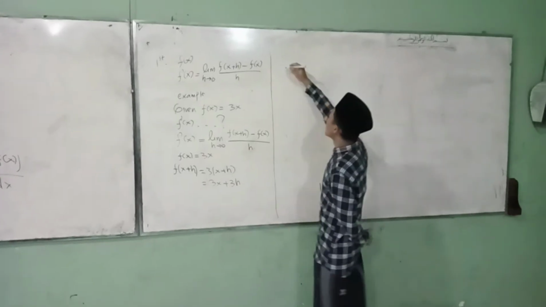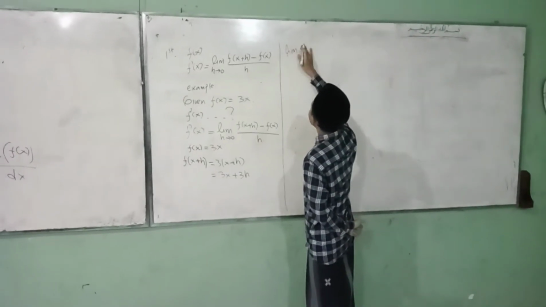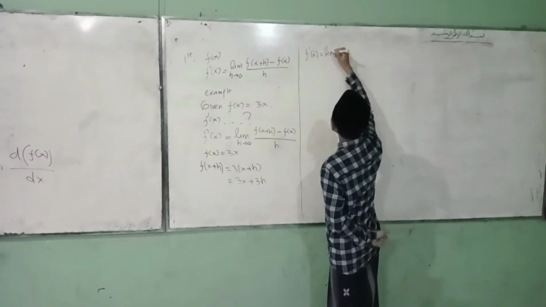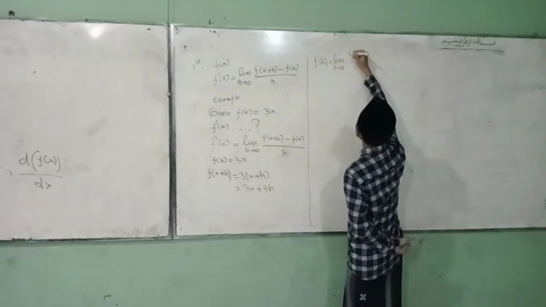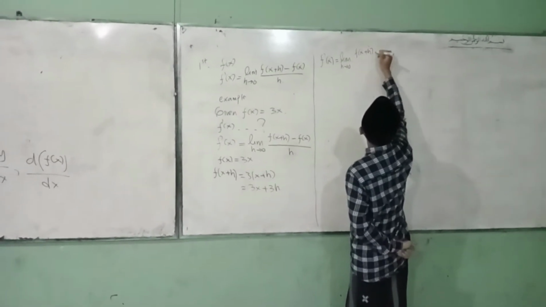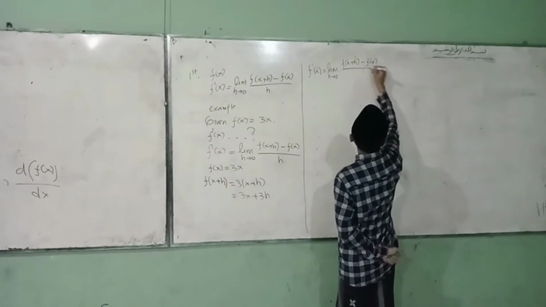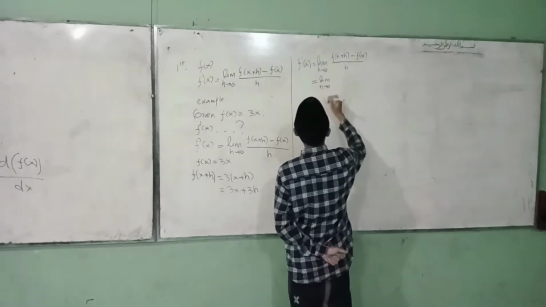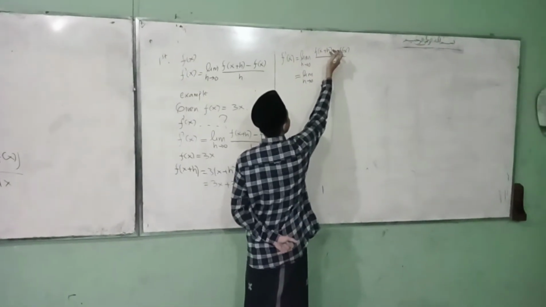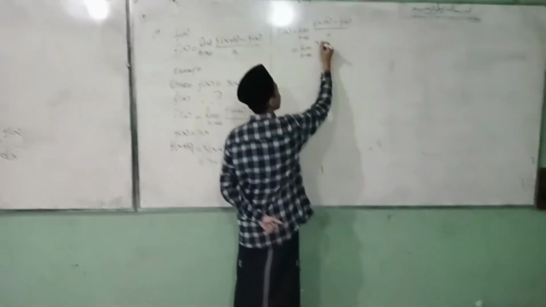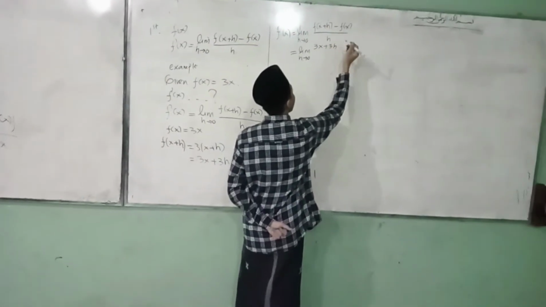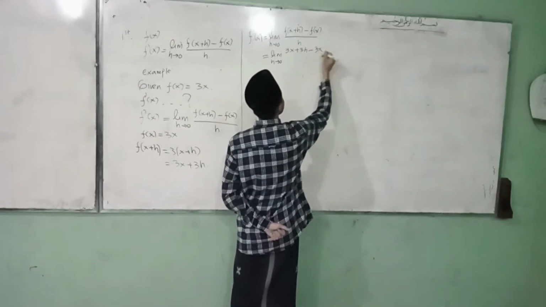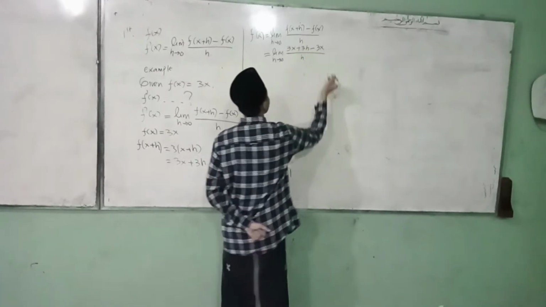So f prime of x is equal to the limit as h approaches 0 of f of x plus h minus f of x over h. What is f of x plus h? 3x plus 3h. And f of x? 3x.